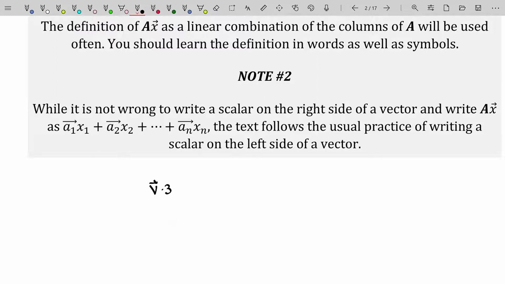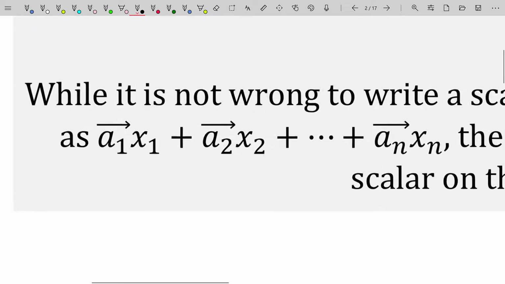So it's probably not a good idea to write your scalar multiples on the right-hand side of your vectors, nor should you do that on the sides of matrices when we get there. And so this kind of glues into our linear combination idea of the product of a matrix and a vector. While it's not wrong to write the scalar on the right side, it looks terrible.